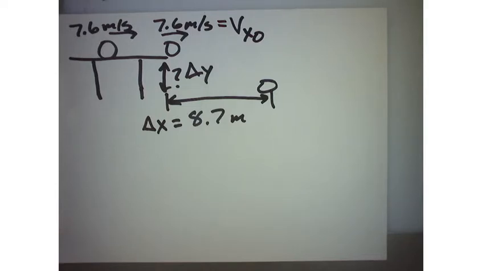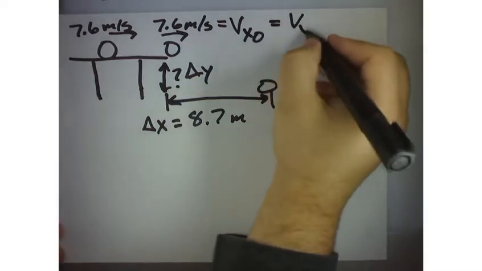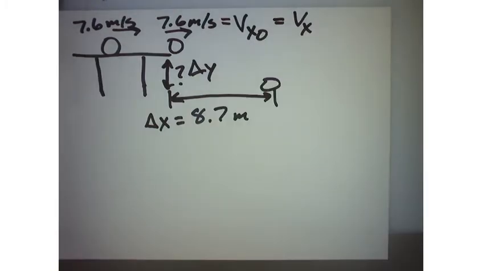What's the final velocity in the x direction? Yeah, it's the same thing, right? Same thing, because there's nothing acting upon it in the x direction. What do we need to know? We need to know delta y.